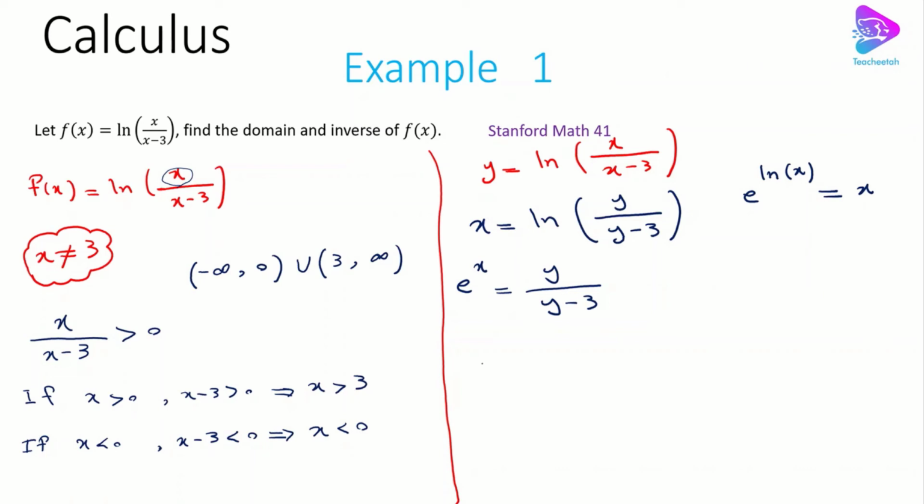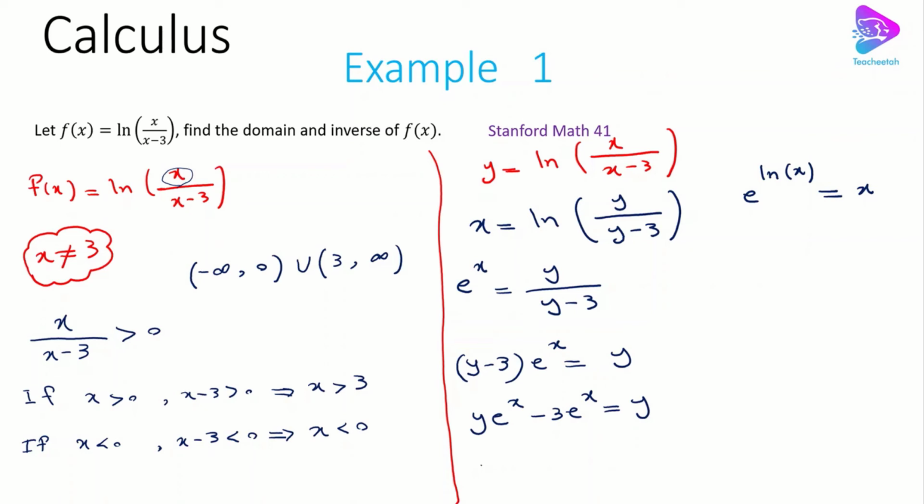So it's going to be y minus 3 times e to the power of x equals y, and from there we can say it's going to be y e to the power of x minus 3 e to the power of x equals y.